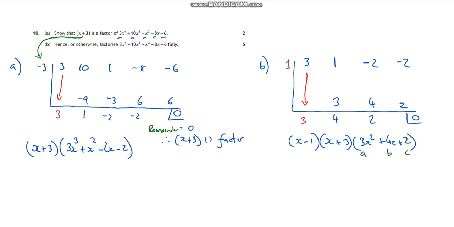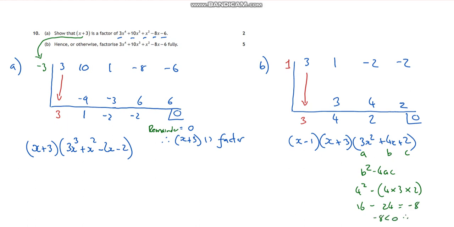It's wanting you to use your b squared minus 4ac. So b squared minus 4ac. That's 4 squared, take away 4 times 3 times 2. So 16 take away 24. That's going to be equal to -8. Okay, so -8 is less than 0.